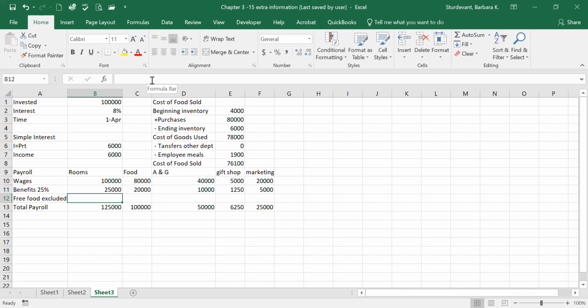How much did they get? 600. Okay, who else got food? Food. 1,000. Okay, and who else got food? A and G for 300. Okay. Nobody else got to eat.